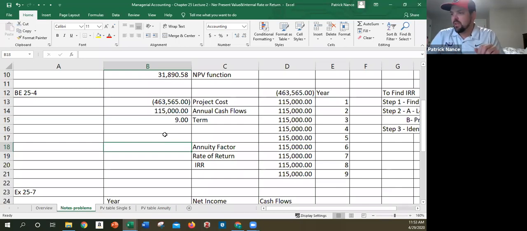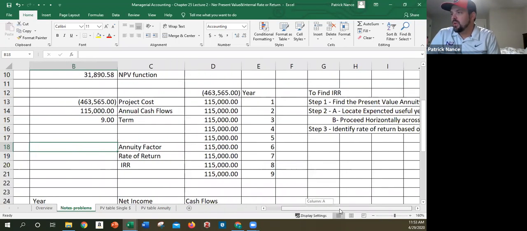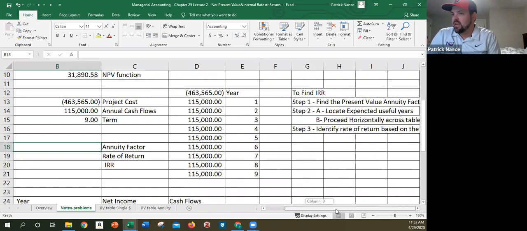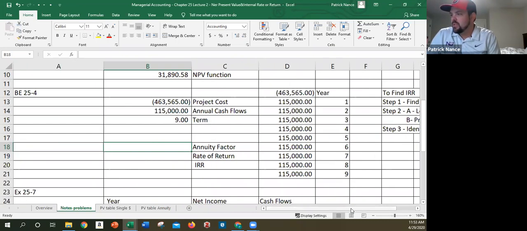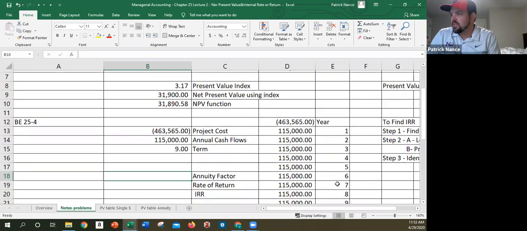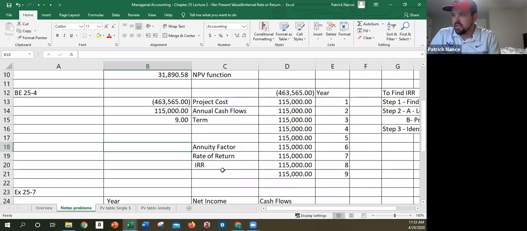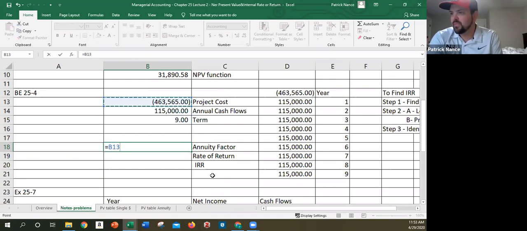So to follow the IRR steps that we used before, it says find the present value annuity factor first. Okay, and the present value annuity factor, remember I take the cost divided by the annual cash flows. Now because I have that as negative, it's going to come out as a negative number, but that's okay.